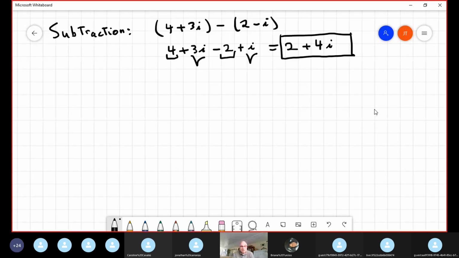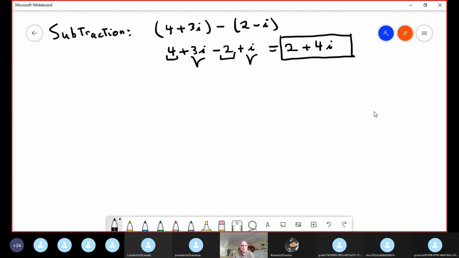Okay, multiplication. Multiplication is a little bit more complicated, not too much. Suppose it's the same complex number: 4 plus 3i times 2 minus i.